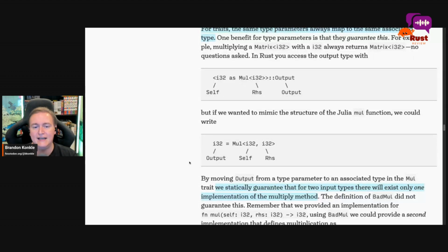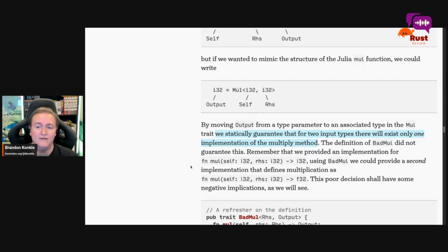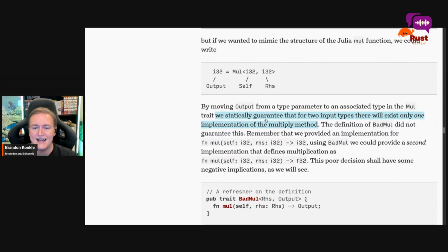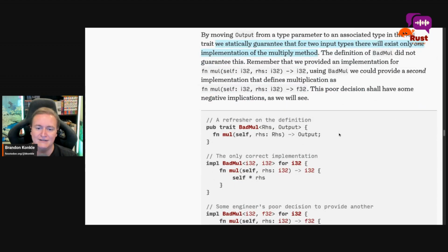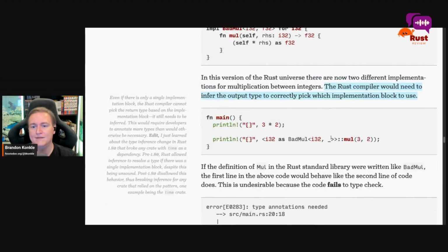The compiler can guarantee this, and that's what the compiler uses to gain the confidence to infer things later on. It can statically guarantee that for two input types, there's only going to exist one implementation of the multiply method, so it knows exactly which address to invoke for this function, and it doesn't need runtime support like Java does.